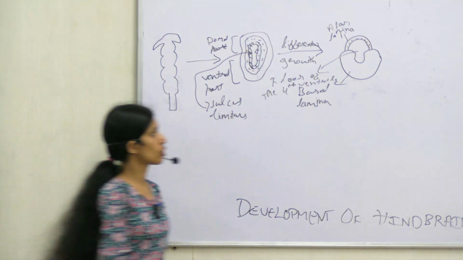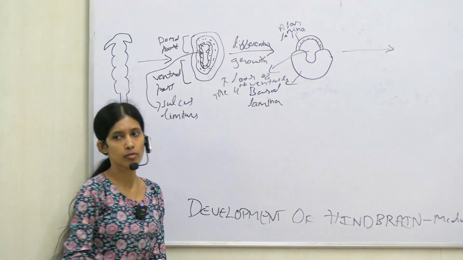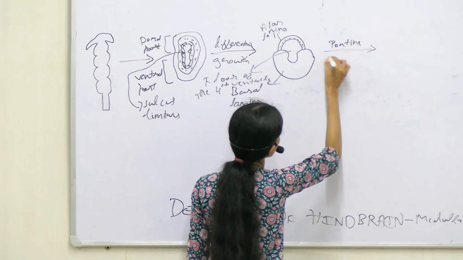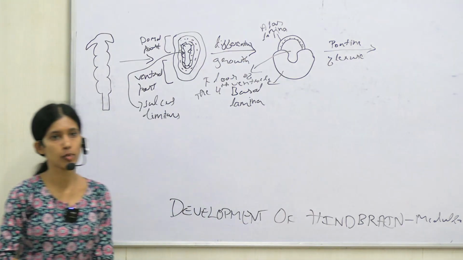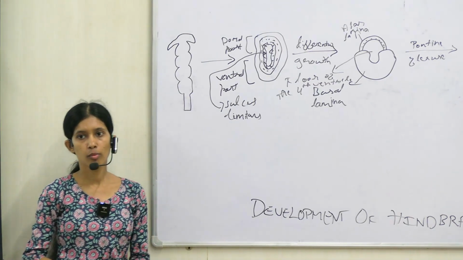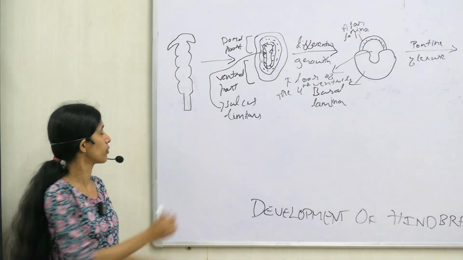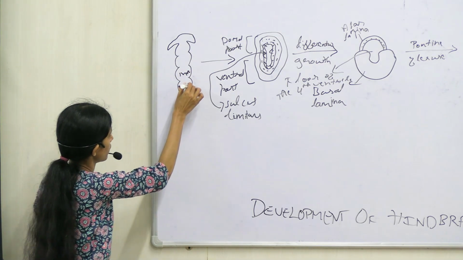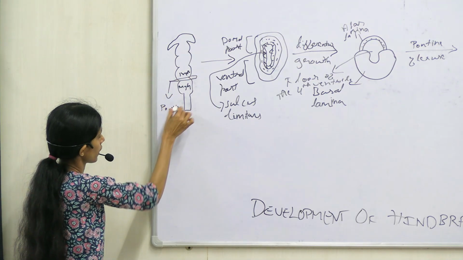Okay. So after certain time, due to the formation of your pontine flexure, where we can see the pontine flexure. Pontine flexure is a bending or flexure that takes place between your metencephalon and myelencephalon here.